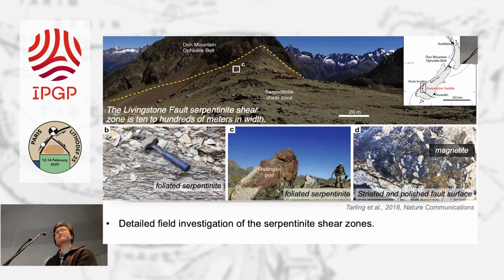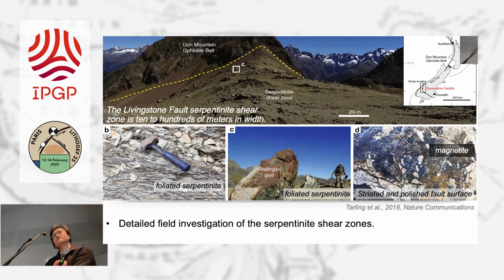This is a beautiful example of a serpentinite shear zone along the Livingstone Fault in New Zealand. They did a detailed field investigation of this serpentinite shear zone. They observed pervasively foliated serpentinite with more competent material, and they also observed straight and polished fault surfaces, locally covered by magnetite.